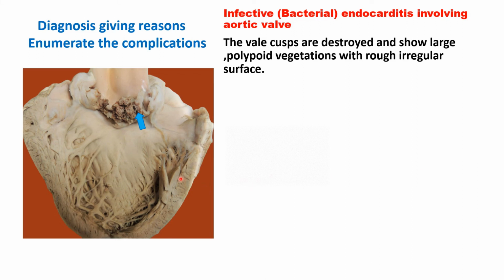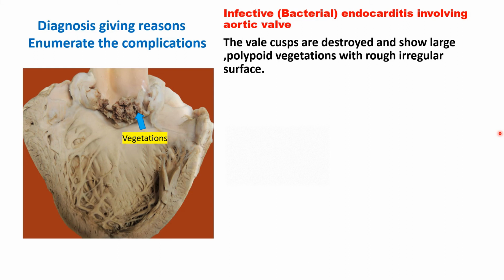What you are seeing on the aortic valve cusps are polypoidal large vegetations which have a rough and irregular surface. You cannot say they are friable because we are not touching them, but definitely they are polypoidal and large with irregular, rough surface. Both the valves are involved. There is almost destruction of the valve. These are known as vegetations.